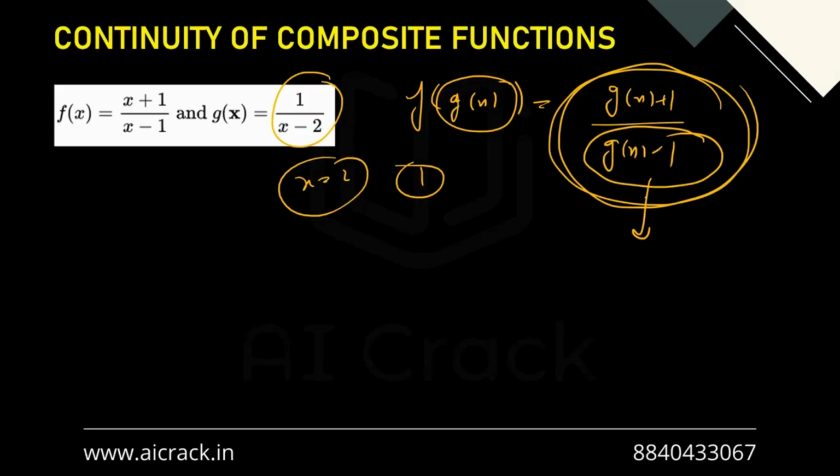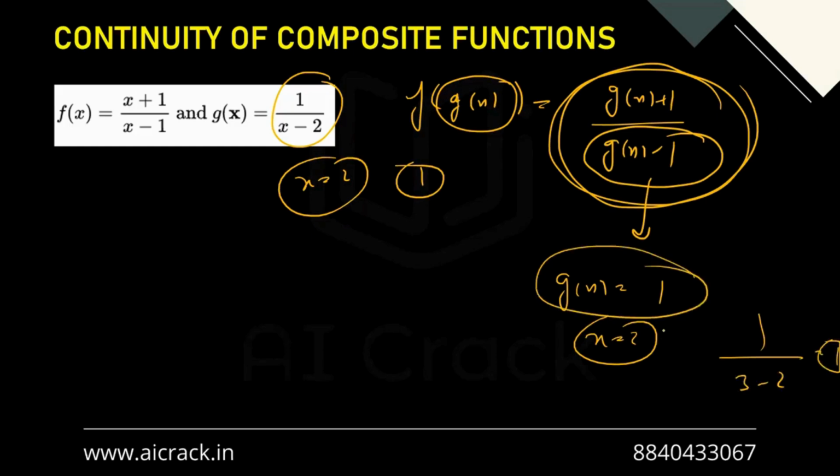So we have to check all the points where this denominator is 0 to get the points of discontinuity. So g(x) equals 1, that means x equals 3, that is 1 upon 3 minus 2, which would be 1. So we have also got the point x equals 3 over here. So we have got 2 points, x equals 2 and x equals 3.